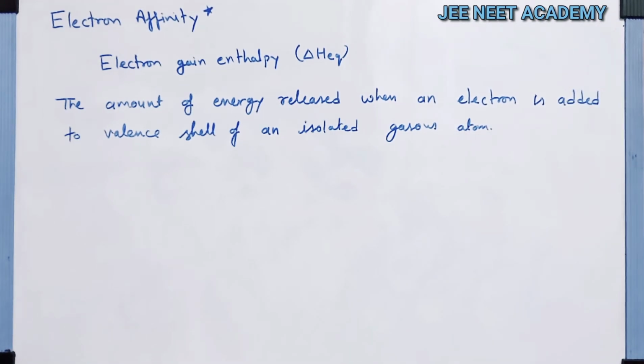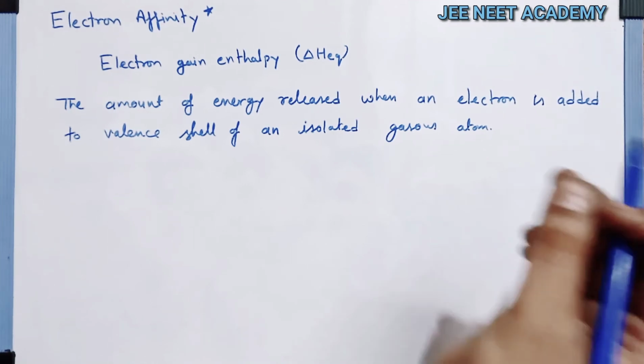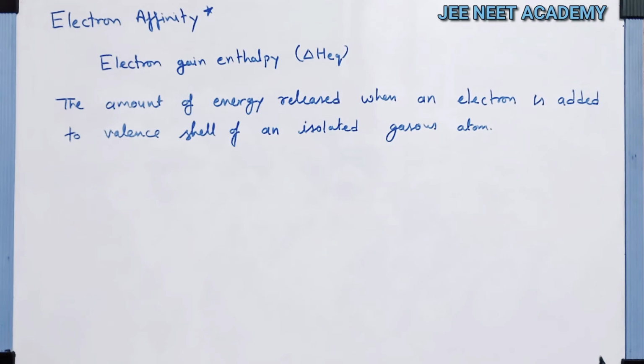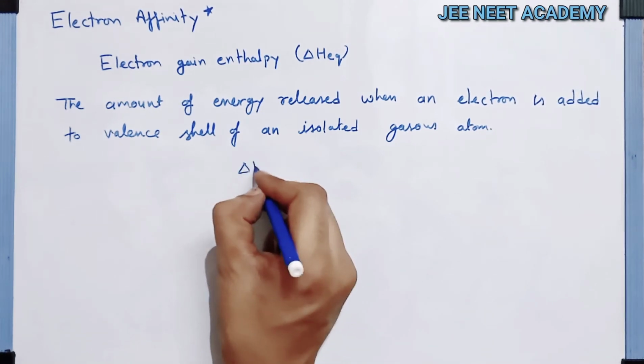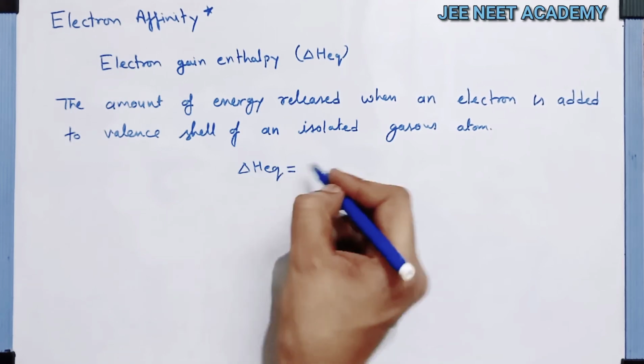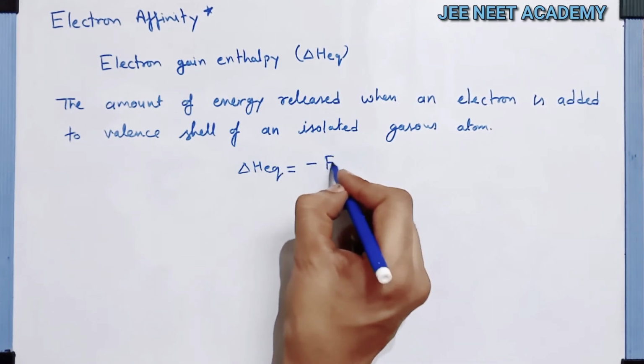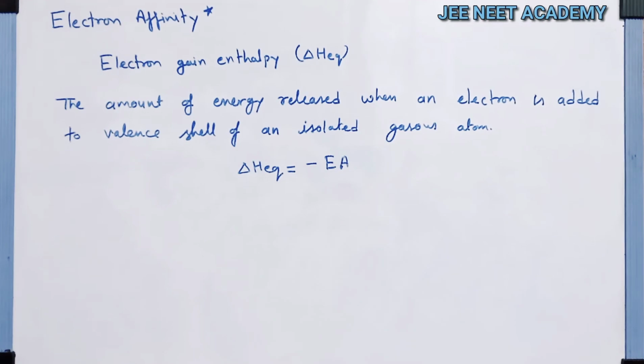Then we give the energy to take or release an electron, and this delta H_eg will be negative of electron affinity. Electron affinity is always positive because we are adding an electron to the atom, so the whole process will release energy.